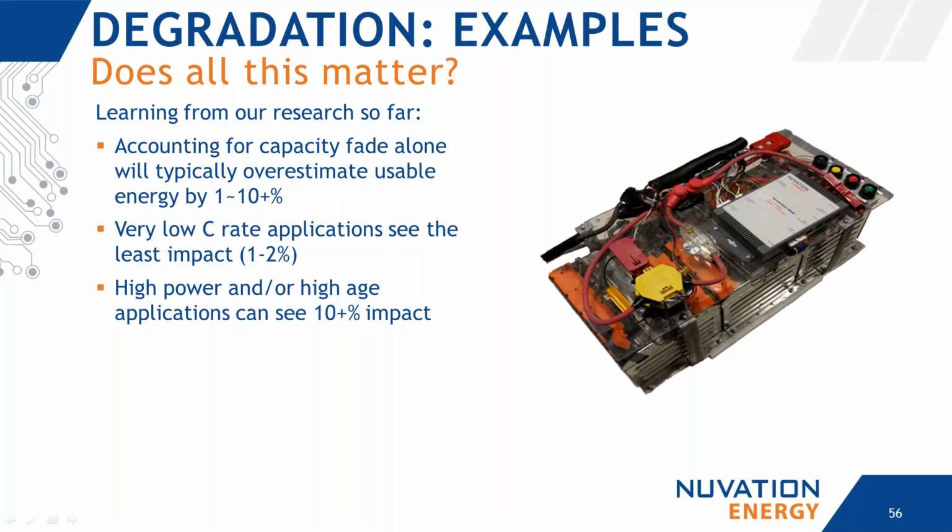And I say typical there because we tried to pick examples that are fairly common and normal applications, not fringe things. But if you go to really low C rate, that effect is going to be reduced significantly, maybe 1 to 2%. But if you start to go into high power or high age applications, maybe second life, you can really tilt the needle over 10%.